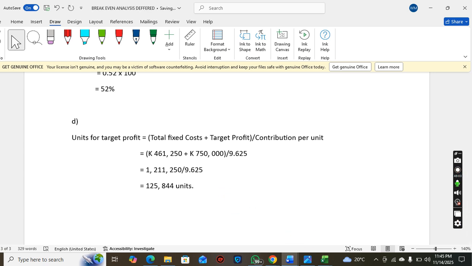Unless, let's say it was 300,000 or 500,000, then you look at your production capacity and see, can we just bump from 100,000 to 300,000? But I believe an extra 26,000 units, this target is achievable. Any questions?